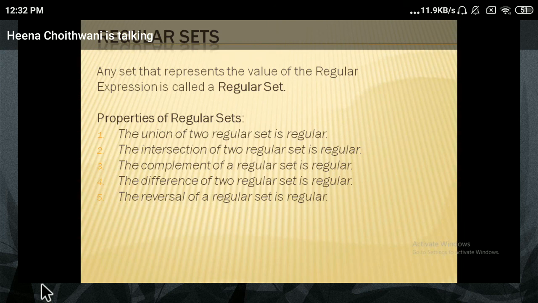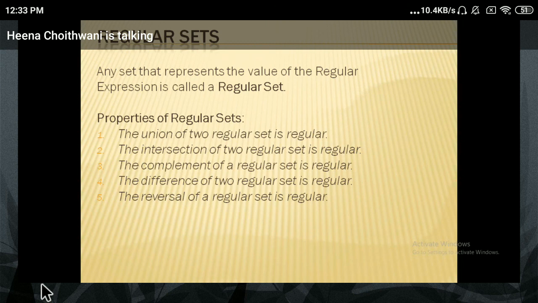Union and intersection everyone knows, right? Union is nothing but, if I take the union of set A and set B, all the elements of set A will be included, all the elements of set B will be included. We'll have everything in my union. In intersection we'll be taking only the common part. In complement we'll be taking the elements which are not included in the particular set whose complement we are taking.